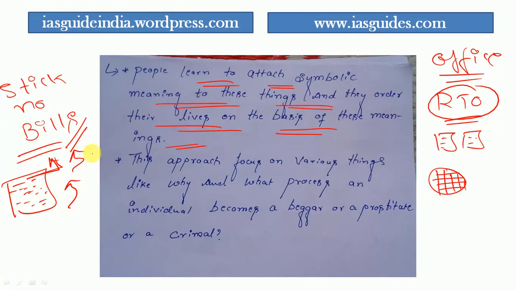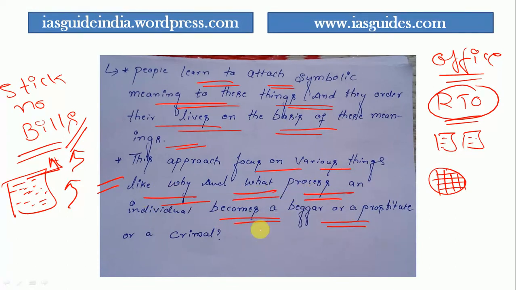Okay, then this approach focuses on various things, like why and by what process an individual becomes a beggar, prostitute, or a criminal. Very important. A wide variety of things this process actually observes. It will observe why a person becomes a beggar.